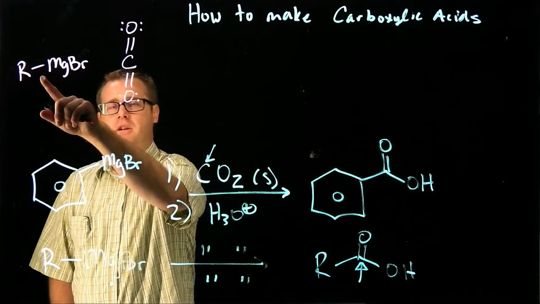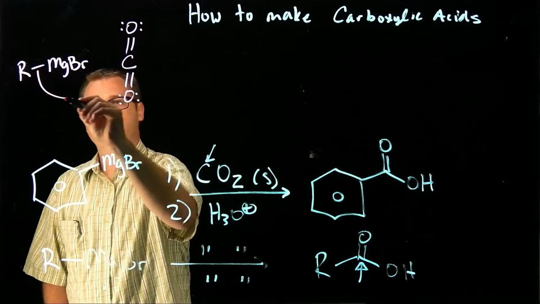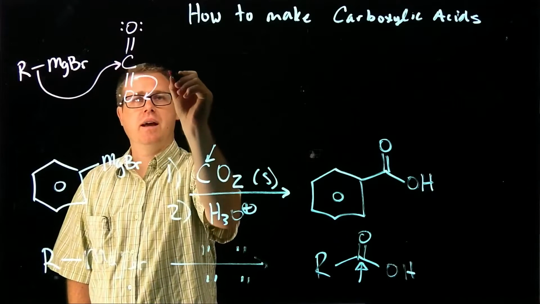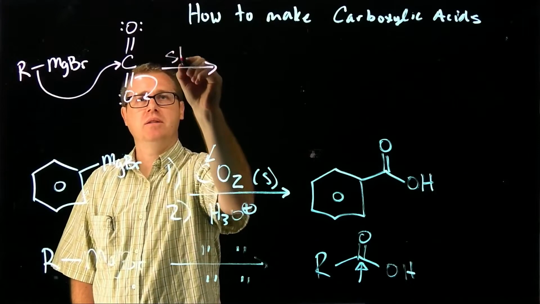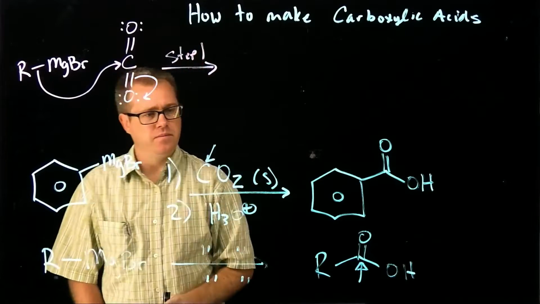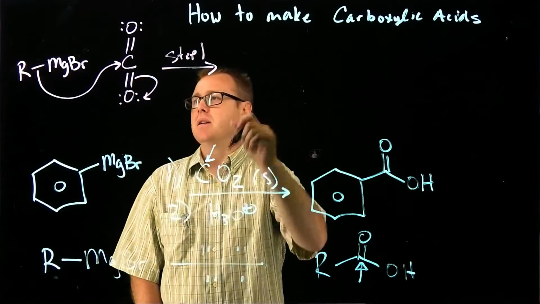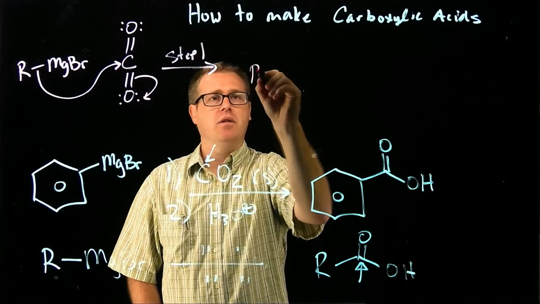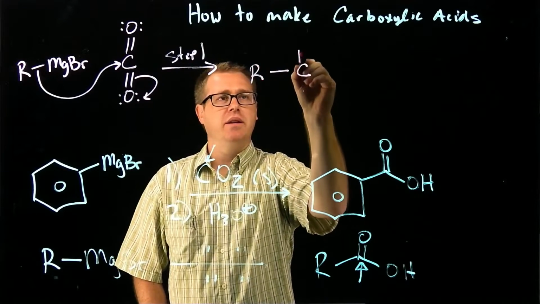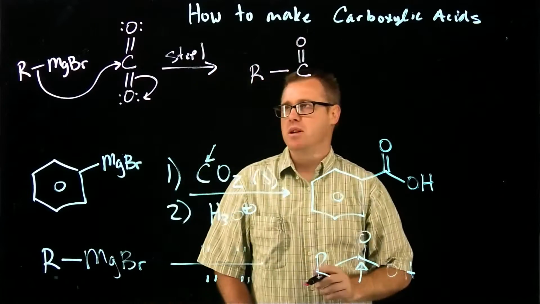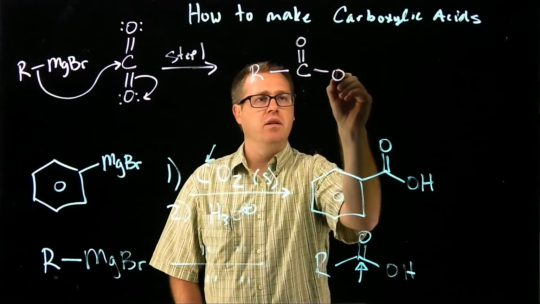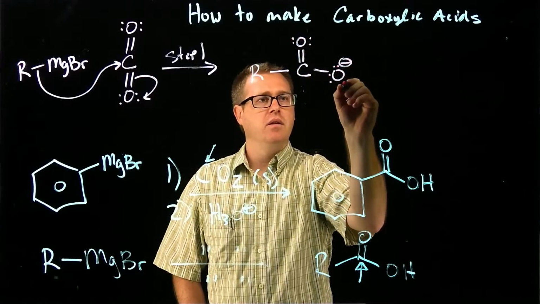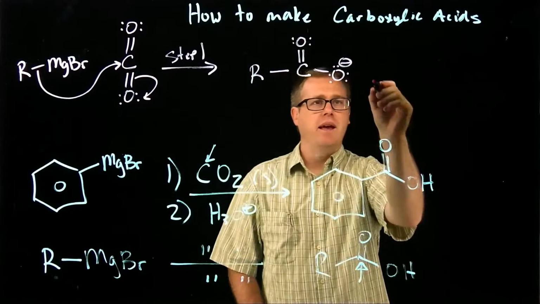So here's our Grignard reagent. It's going to attack that carbon like that. So this is our step 1 right here. That's going to give us what? It's going to give us an R group attached to a carbon double bonded O, and then an O negative. And then what do we do?